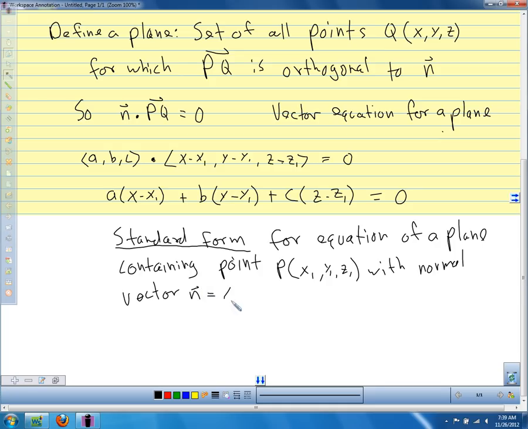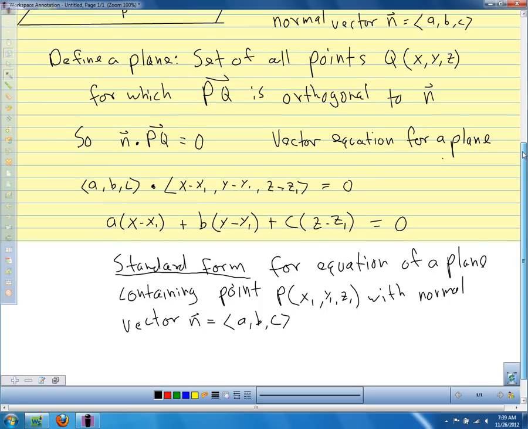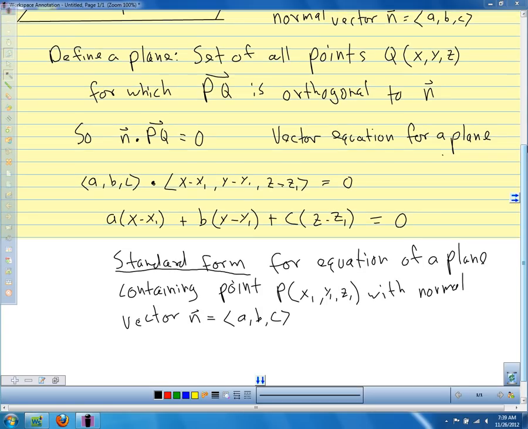And n is our vector ABC. So, questions on how we came up with our definition and our equations?